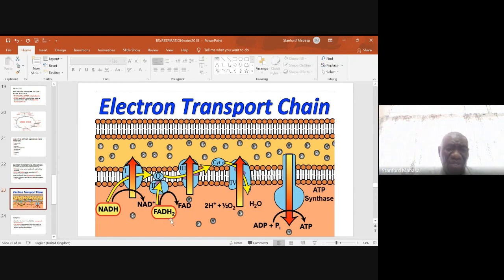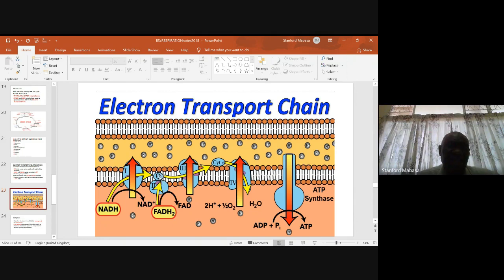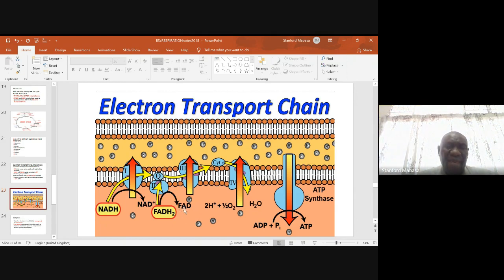Let's go to FADH2. It will also lose an electron to complex 2. And that electron is taken by Q or quinone, and it is converted to FAD.